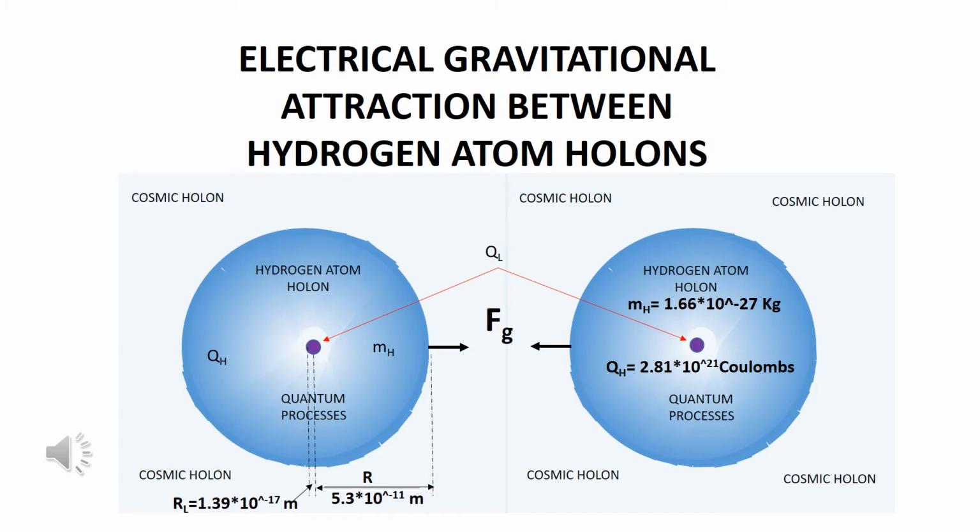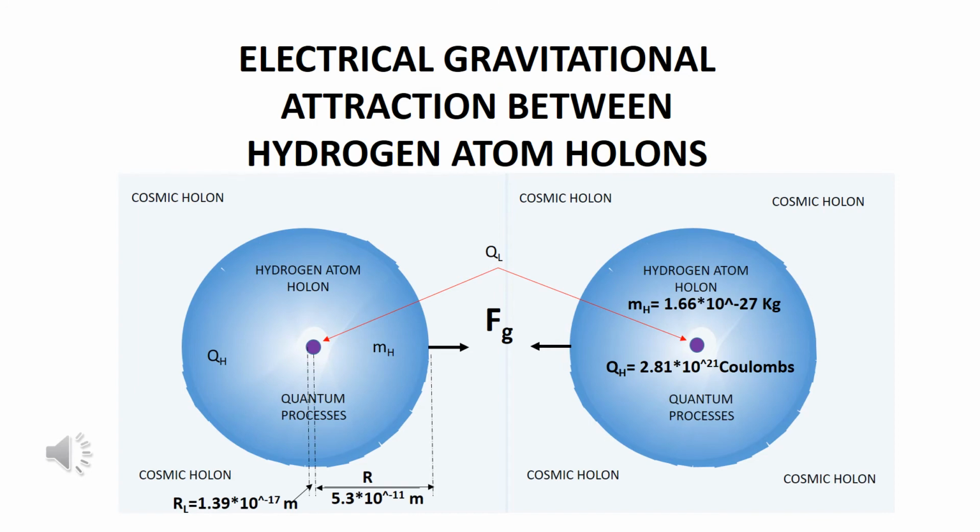The charges escaping from these important regions within the hydrogen atom holon move far away into the cosmic holon on either side of the two hydrogen atom holons. This lost charge, that we will call QL, sits outside of the holons, providing an electric force that pushes the two together.